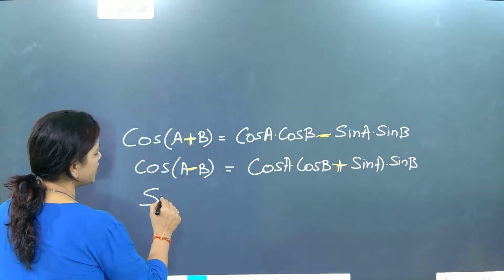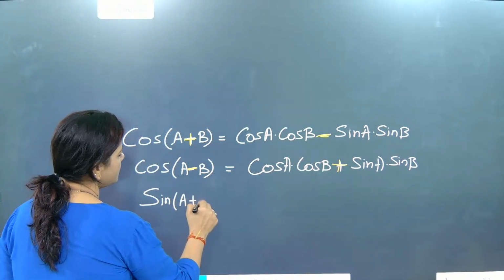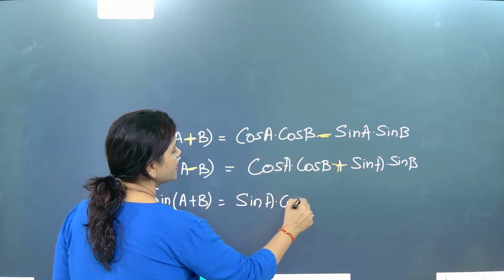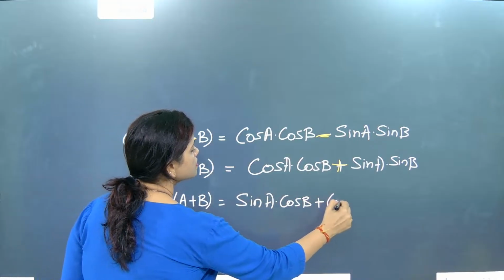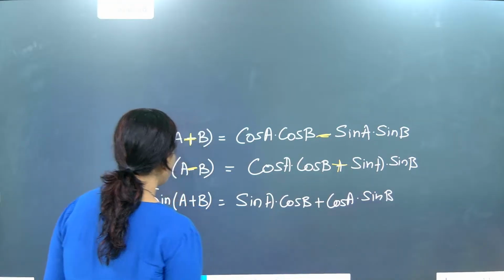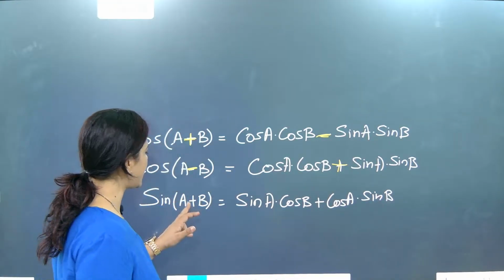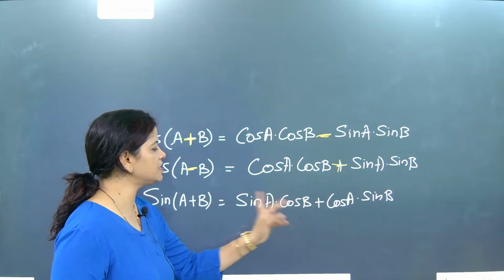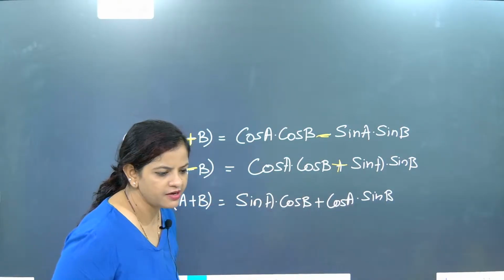Now the next formula, for sine. If somebody says find sine of A plus B, then you remember sine A cos B plus cos A sin B. Understood? Cos A sin B. Now, for sine, plus and plus: sin A cos B, cos A sin B. Got it, beta?